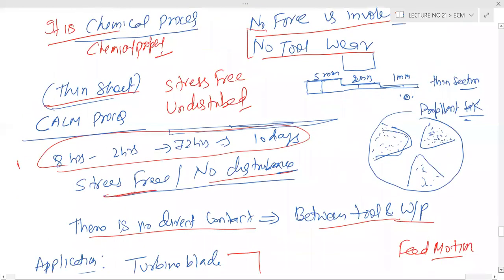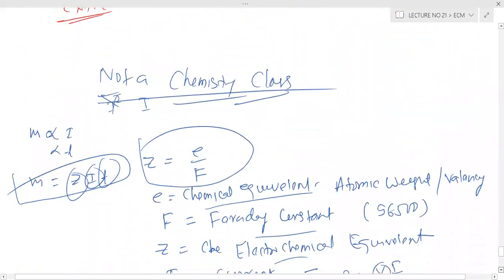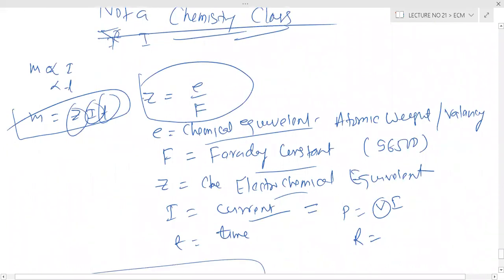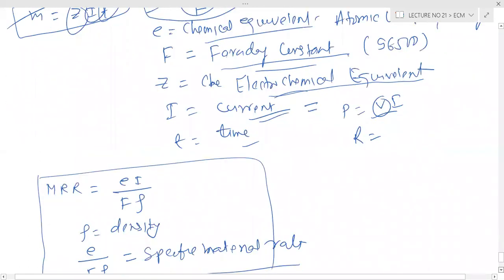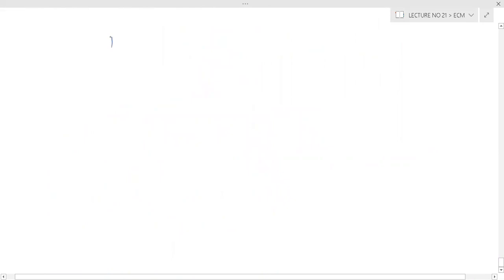This is all the relation. This is your everything, Z, E by F, how it depends on the Faraday constant. This is current, this is time. Don't go into chemistry much because you are studying mechanical engineering. You are not studying chemistry.